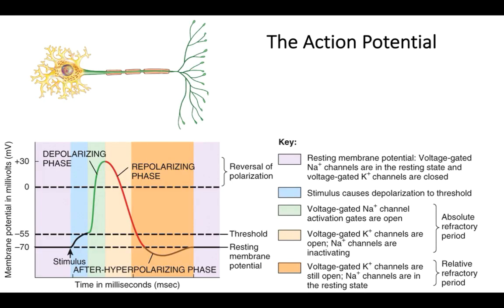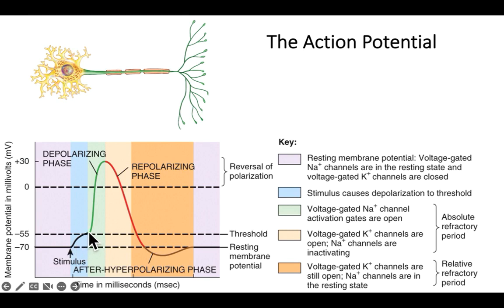So this is a little bit of a summary. This was from a different book. I kind of liked it. But you'll notice it breaks down this action potential wave again. So there's the stimulus. There's the opening of the either mechanically gated or ligand gated channel to get you to threshold.